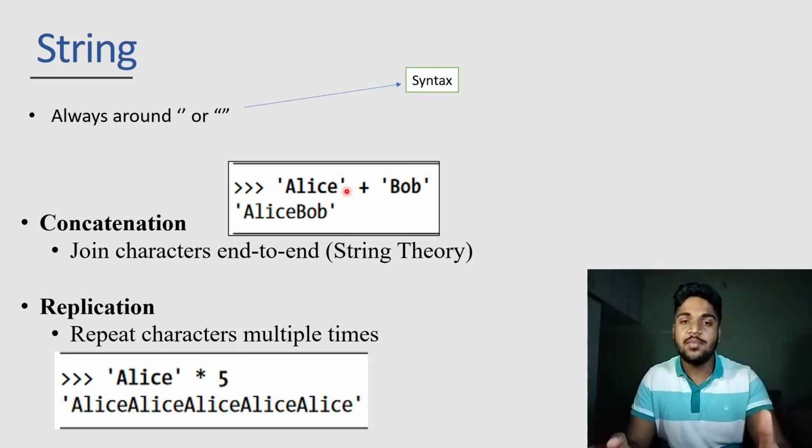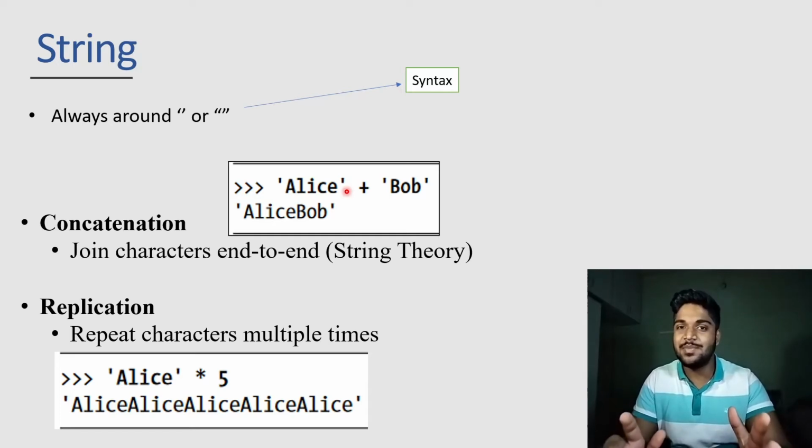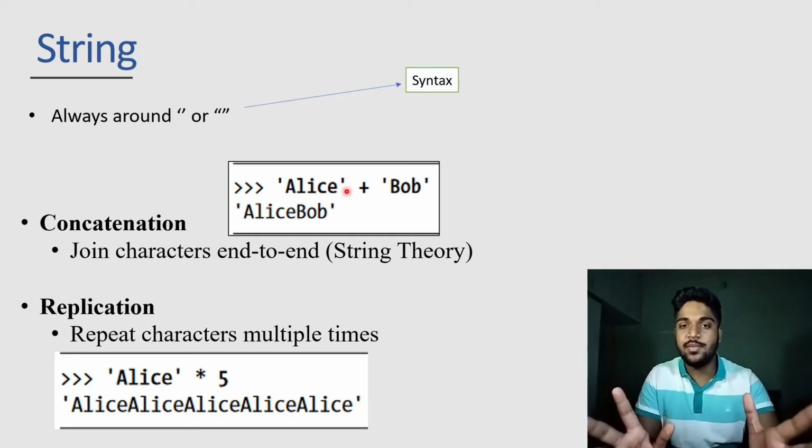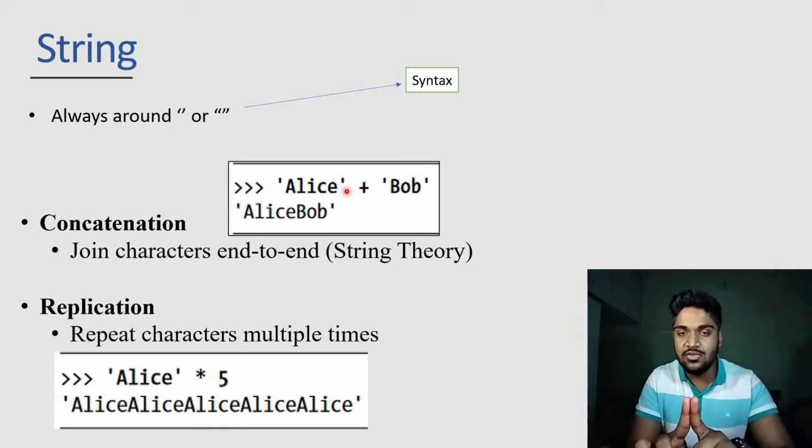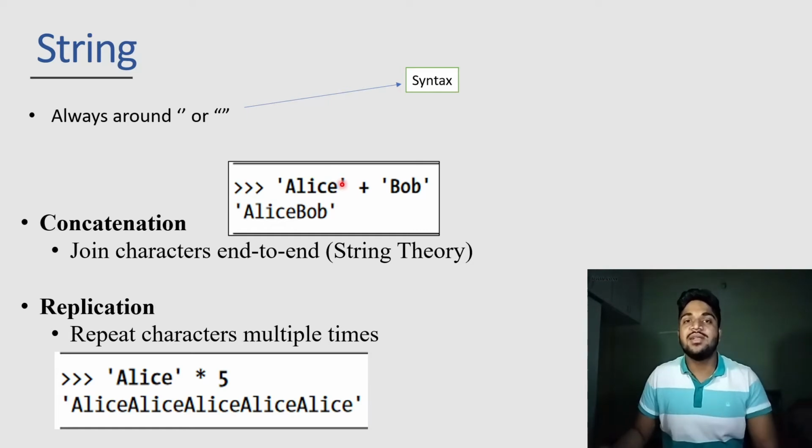There are 2 things in Python that we can do with strings. We can do concatenation or we can do replication. Concatenation is something where we add two strings, but not like mathematics; we just join these two strings end to end. So for example, if I have Alice as a string, it's a single independent string, then an operator, and another string, Bob.